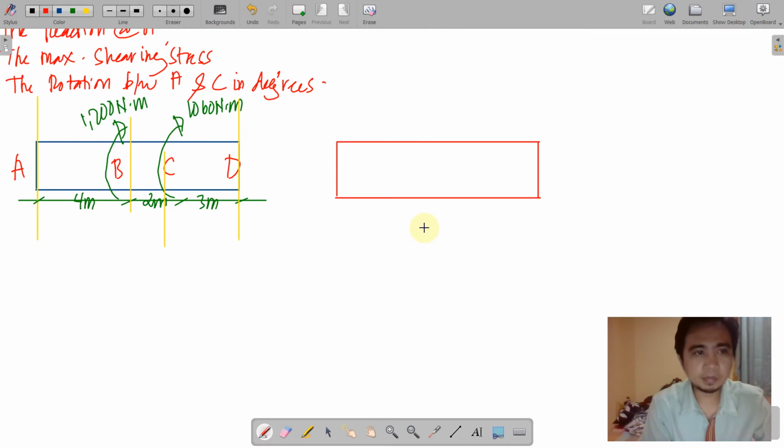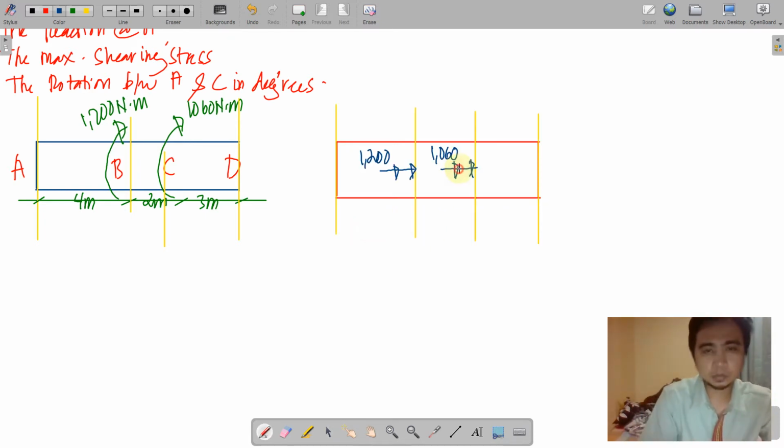Now this is done by segment approach, but first we are going to convert the whole shaft considering the torques here. Placing the segments, converting our torque. This is clockwise, both are clockwise, 1,200. So that is represented by a double arrowhead going to the right if we have a clockwise rotation.